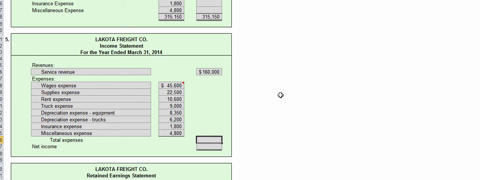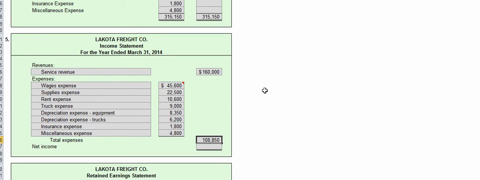All right, now we want to total our expenses. You guys, if you're not that familiar with Excel, or if you just prefer to, you could just punch those in your calculator, but they should total to 108,850.